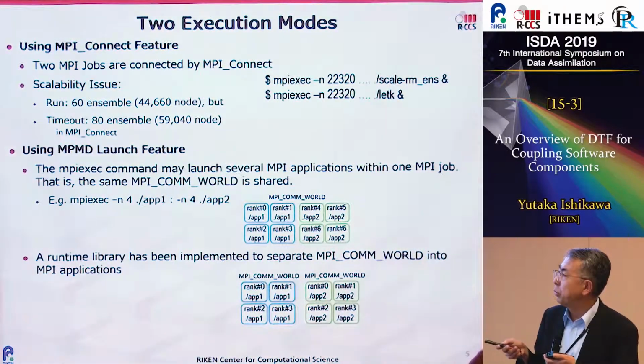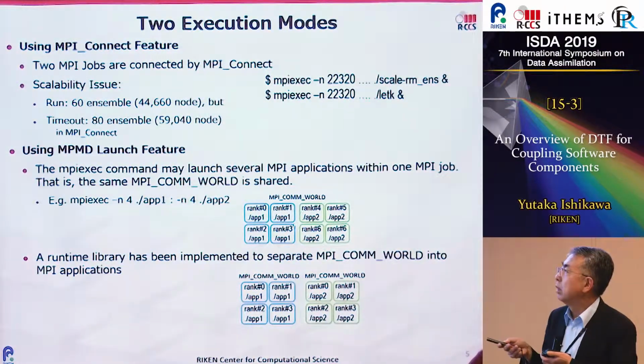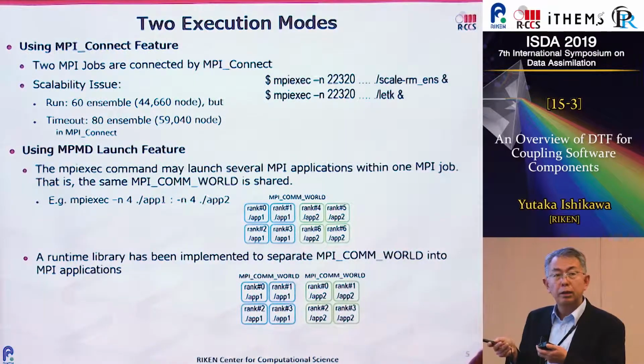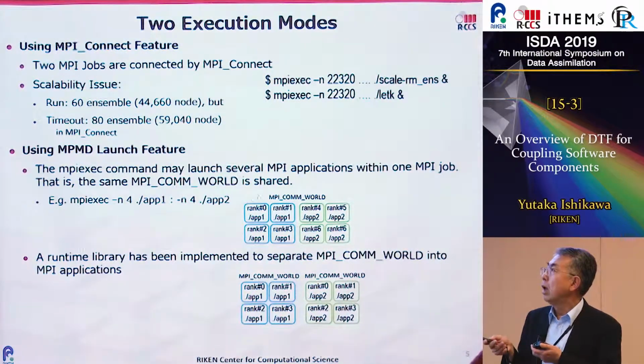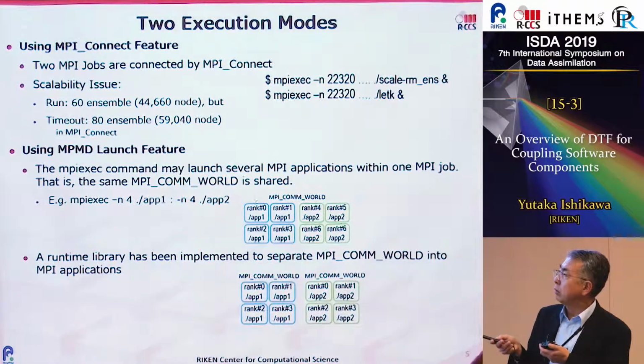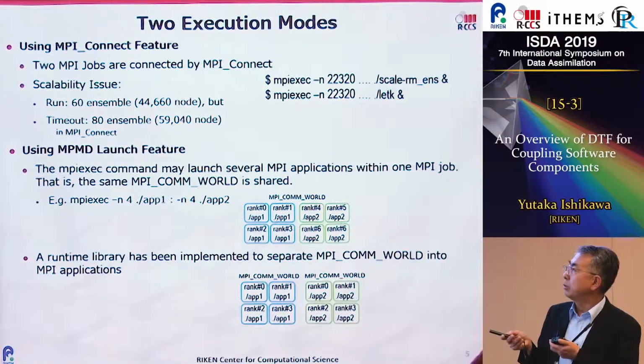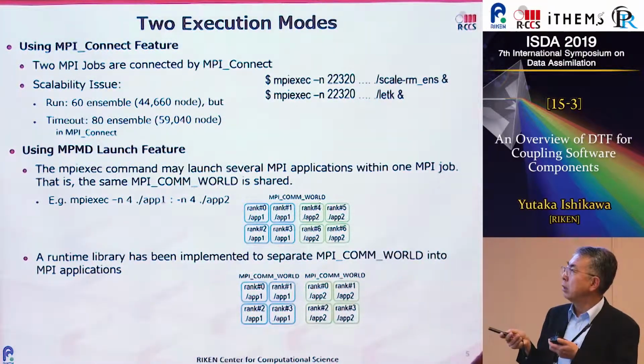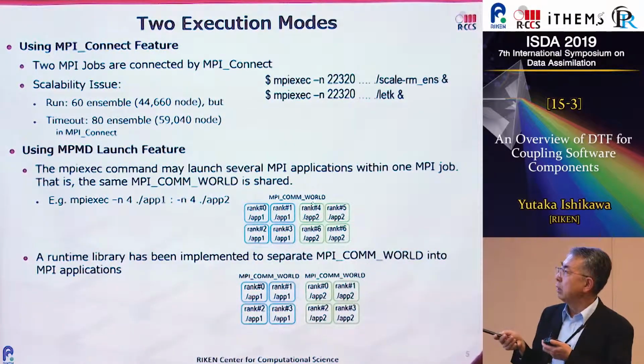In this example, two applications are launched, so the MPI_COMM_WORLD communicator is shared by both applications, and rank numbers run from rank 0 through rank 3 for application 1, and for application 2, not starting at 0, but from 4 to 6.